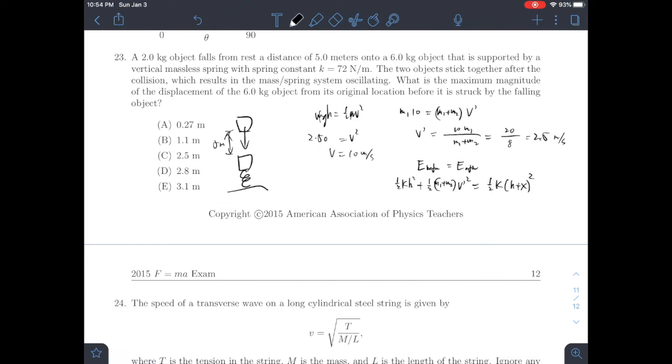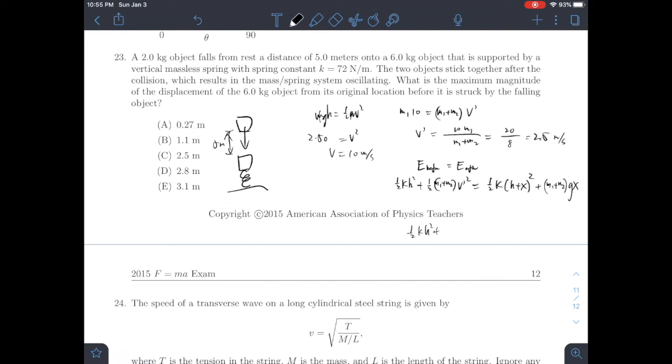And that will equal E final, which is equal to 1/2 k (h plus x) squared, the final total compression, plus the gravitational potential energy of the two objects, which is (m1 plus m2) g x. And then now we're going to solve for x. So now it's just all algebra, pretty complicated algebra, you know.